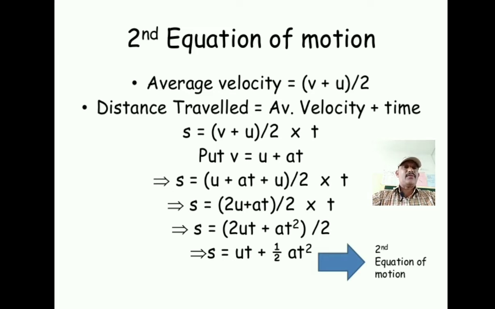Now put in the values. v = u + at, already derived in the first equation. So we write s = ((u + at + u)/2) × t. Here u + u gives 2u, so s = ((2u + at)/2) × t.